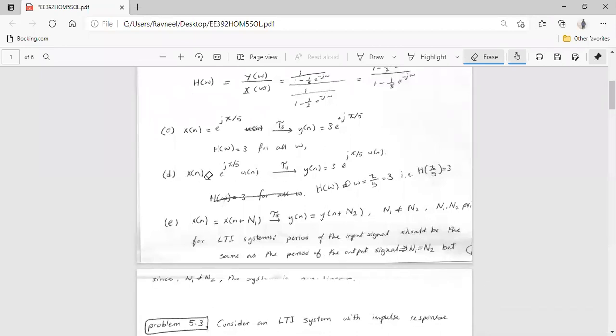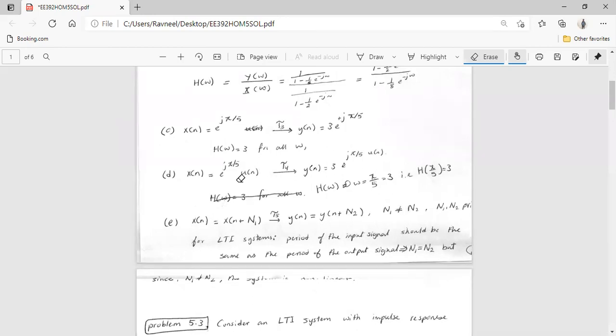Again, in this particular case, you can see x of n is equal to e to the power of j pi n upon 5 u of n. That gives you y of n is equal to 3 e to the power of j pi n upon 5 u of n. Again, these two are bounded, right?